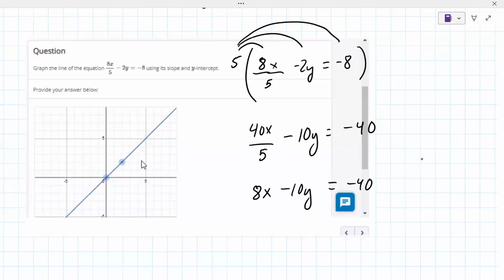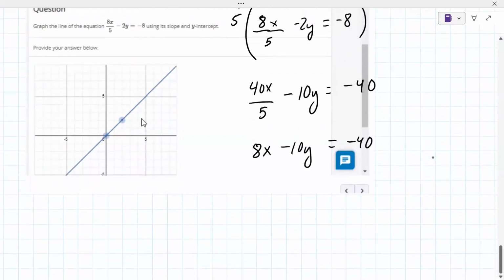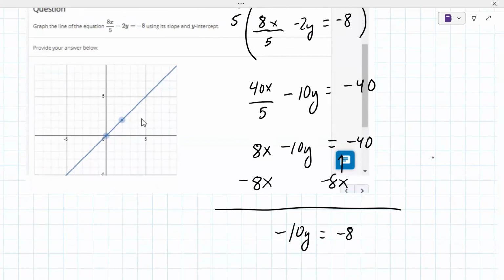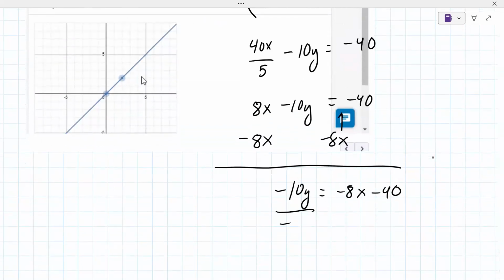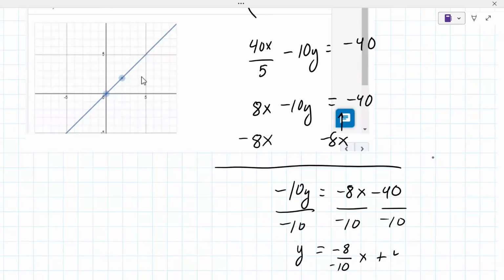Now it looks like a problem that you've been doing. So let's just keep working it the way we've been working it. Minus 8x. Minus 10y equals minus 8x minus 40. Divide by minus 10. So it ends up being y equals minus 8 over minus 10x plus 4. Why is it plus 4 and not negative here?